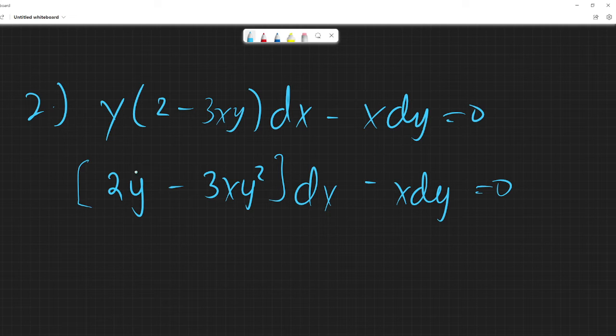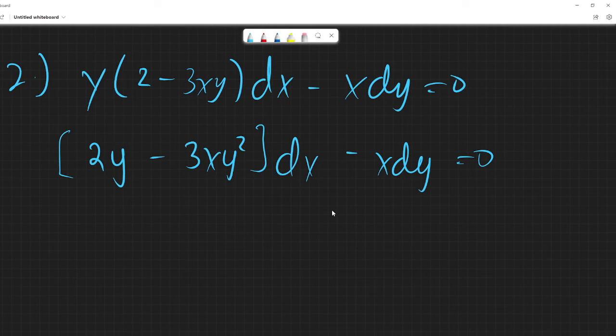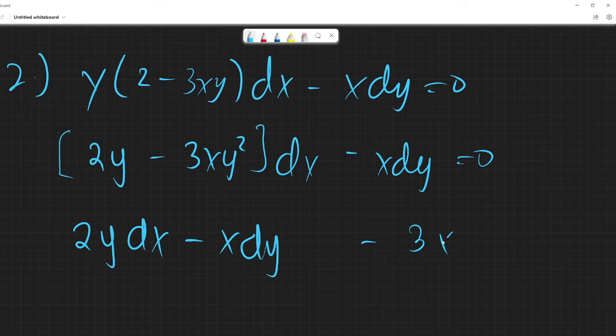So these two terms are homogeneous to each other because they have an exponent that is equal to 1. So this exponent is equal to 3, so 1 plus 3 is 2. So I will neglect this first, but I will get back to that term later. So 2y dx minus x dy minus 3xy squared dx is equal to 0.